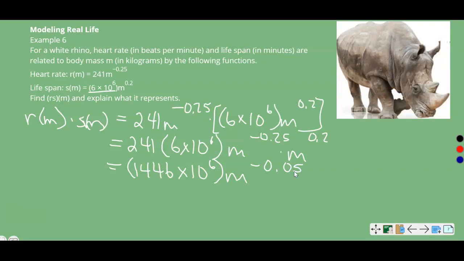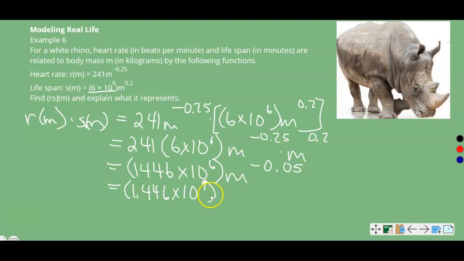All right, so this would be our answer, but this was in scientific notation, and we need to put this number between 1 and 10. So if we move this over to the left 3, that means this one gets 3 larger. So we're going to rewrite this again as 1.446 times 10 to the 9th power.